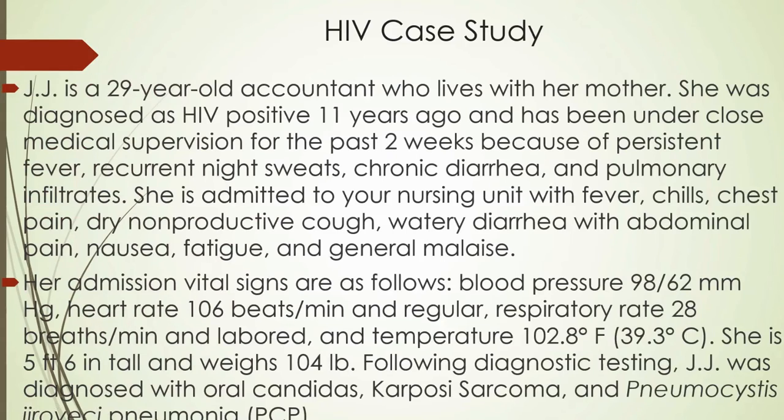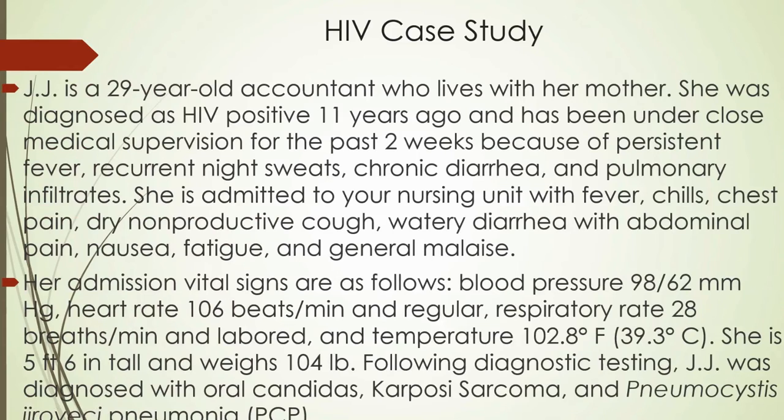And she's admitted to your nursing unit with fever, chills, chest pain, dry, non-productive cough, watery diarrhea, abdominal pain, nausea, fatigue, and malaise. And her admission vital signs are as follows: blood pressure 98/62, heart rate 106 and regular, respiratory rate 28 and labored, temperature 102.8 or 39.3 Celsius.